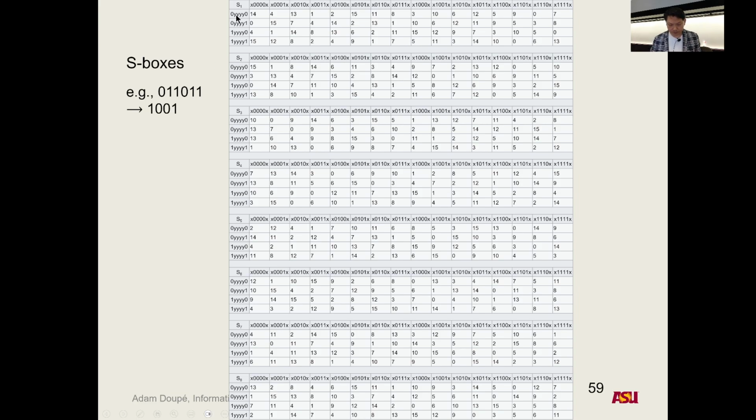The outer bits are 0, 1, right? And the inner bits are 1, 1, 0, 1. So the output will be 9.